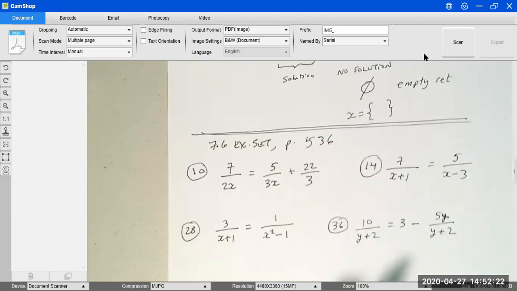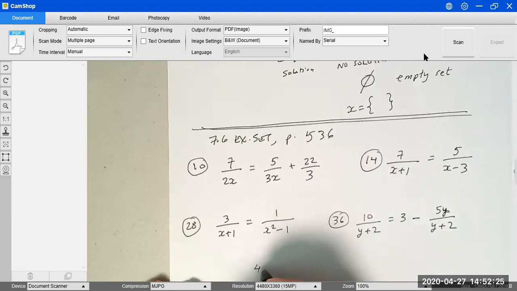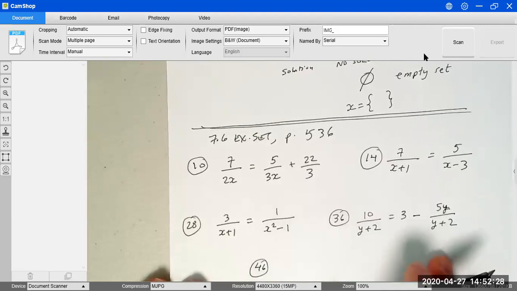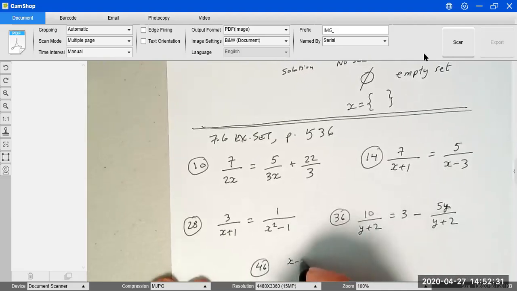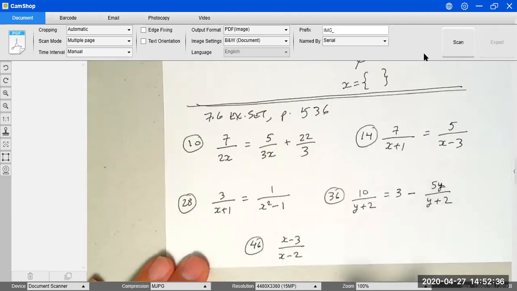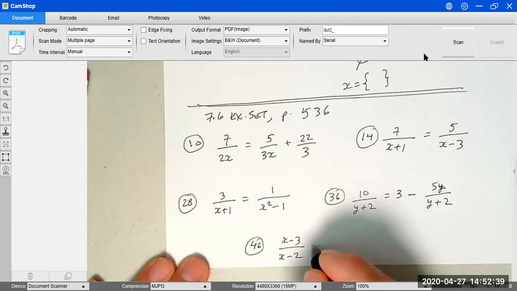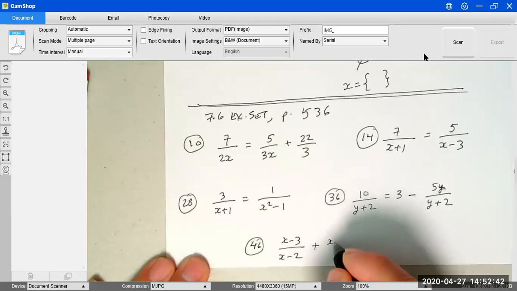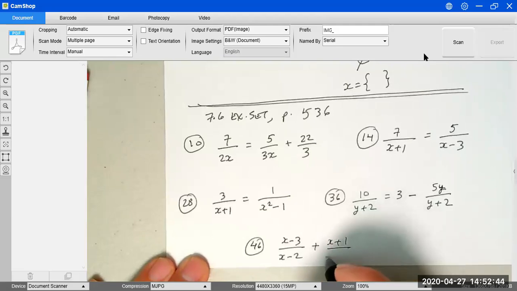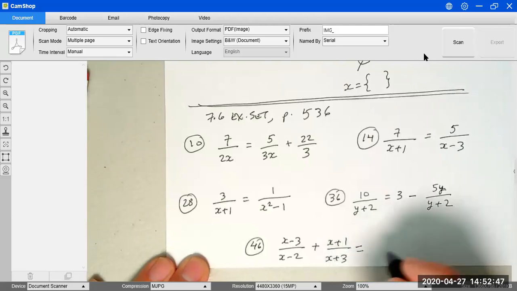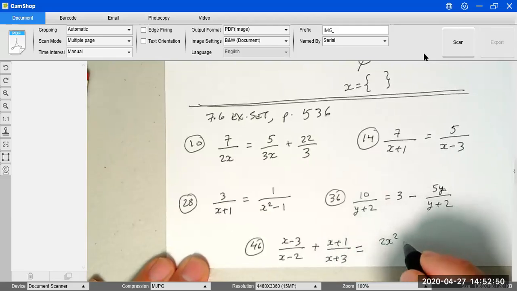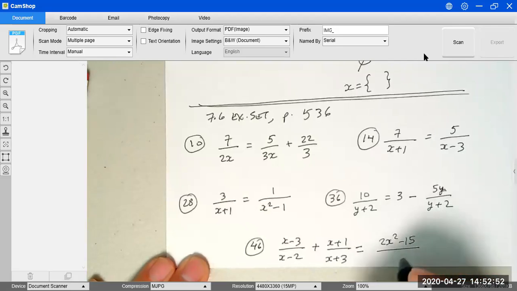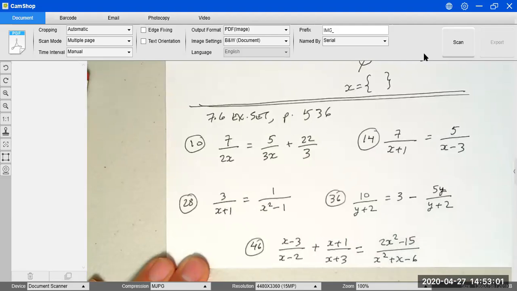Yeah, maybe one more for after school. 46 is just x minus 3 over x minus 2. So this is for you to get well prepared for the final exam. Plus x plus 1 over x plus 3 equals 2x squared minus 15 over x squared plus x minus 6.